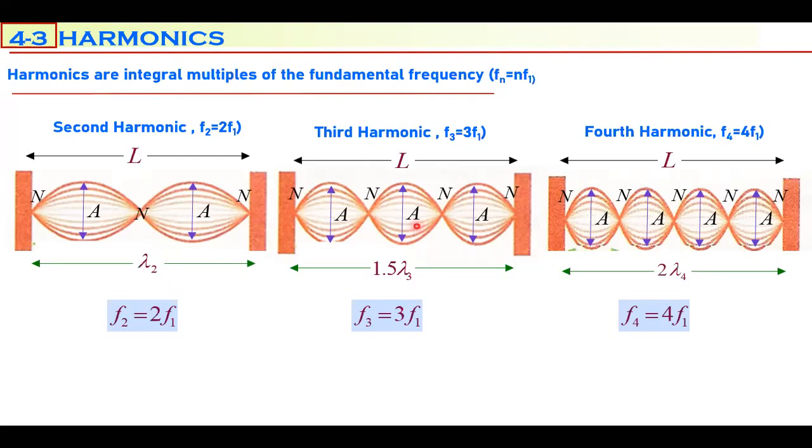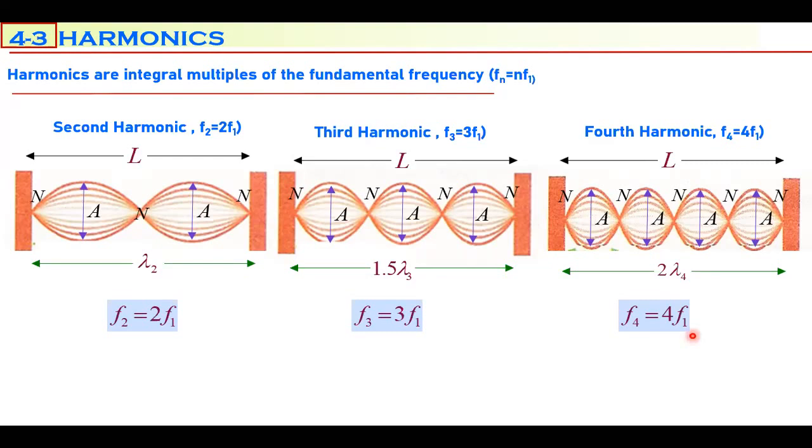Third harmonic: three loops, three antinodes, four nodes. The number of nodes is one greater than the number of antinodes. So the third harmonic will have a frequency three times the fundamental frequency. The fourth harmonic will have four loops, four antinodes, and five nodes, and a frequency four times the fundamental frequency.